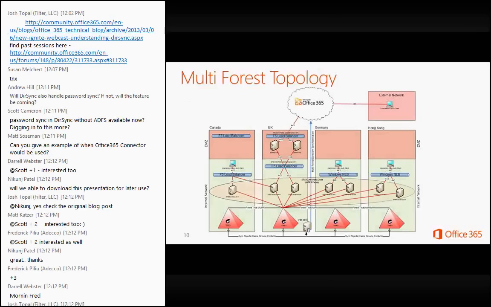Essentially we've got some management agents hooking into each of the other forests in the other locations, and then we've got the multi-forest Office 365 connector that connects into Office 365 and syncs the objects. So the management agents will collect all the information from each of the forests, collect that into its local database, and then synchronize that to Office 365.